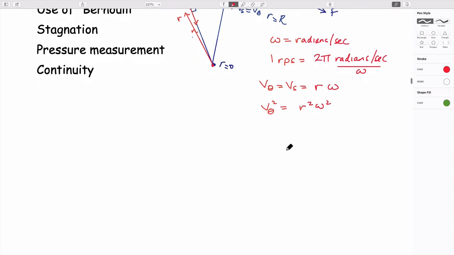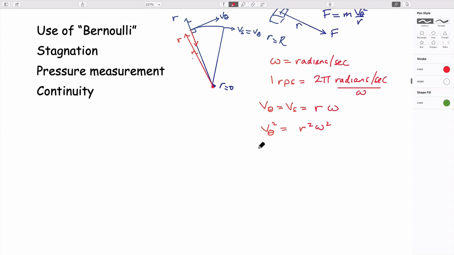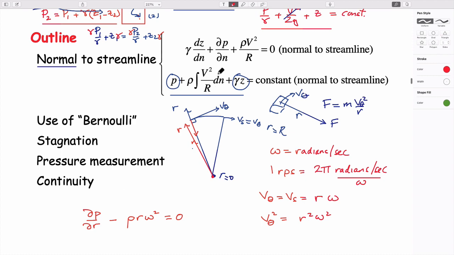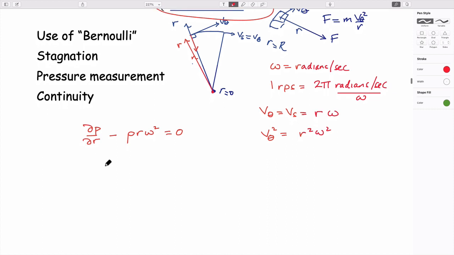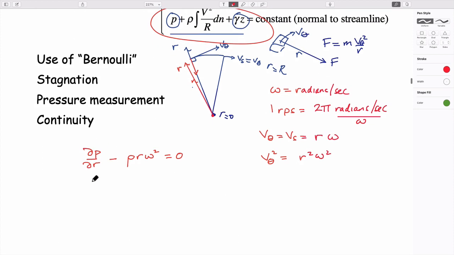And if you remember, if I don't take that off the screen, we used this term that the change in pressure with radius was equal to minus rho times the radius times the rotational velocity squared equal to 0. And so what we're trying to do is get this expression here. What we could do is take this and keep both of them on the same page.